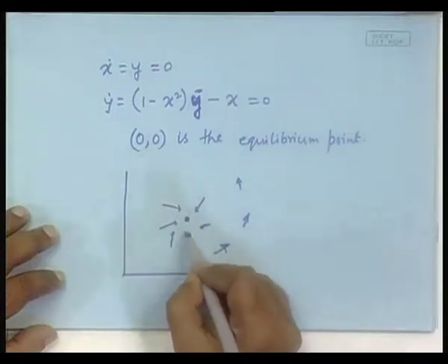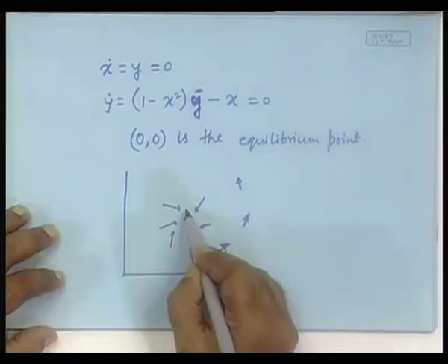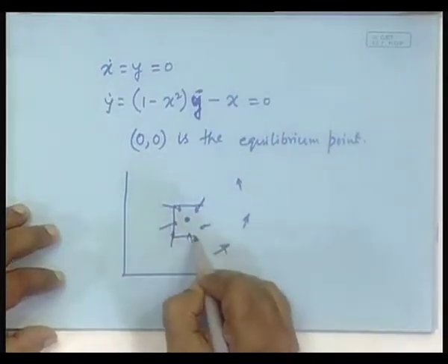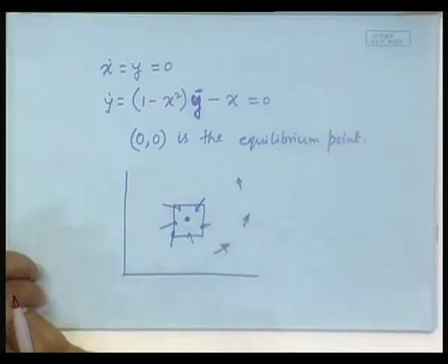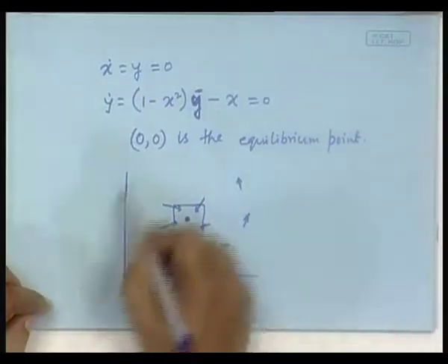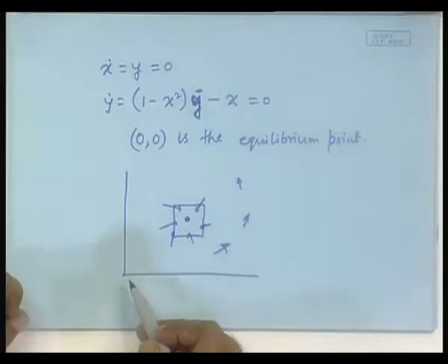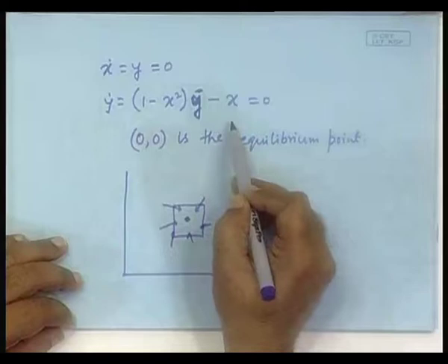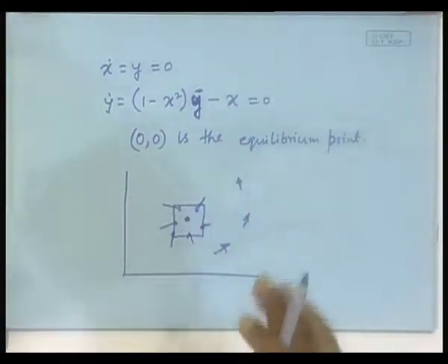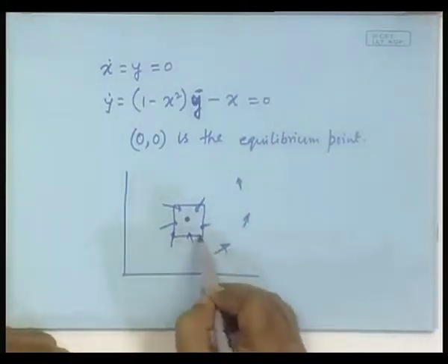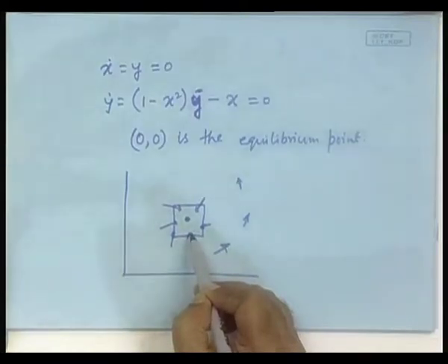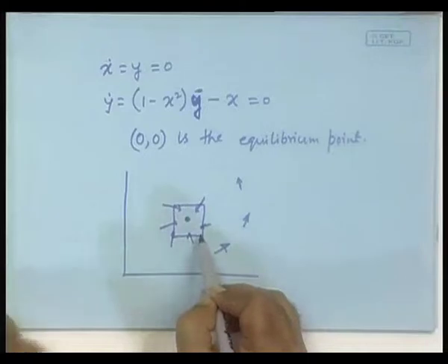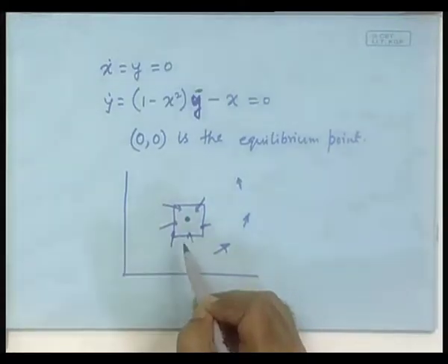So, you know that this fellow is going to be stable, but that stability can be understood by considering only a small neighborhood of that equilibrium point. So, I do not need to consider the things elsewhere. Now, even when an equation is nonlinear like this, I can get away with studying only the neighborhood at which it will be approximately linear, or it can be approximated by a linear equation.